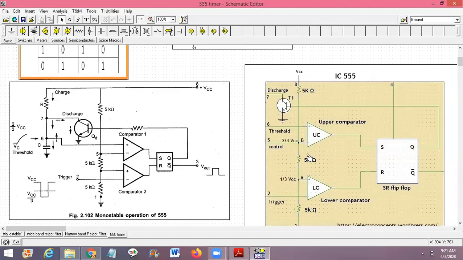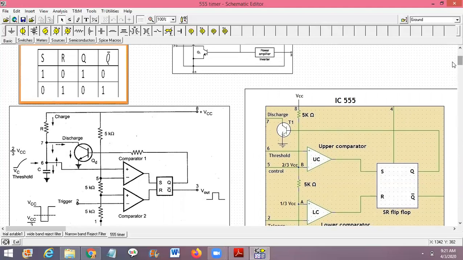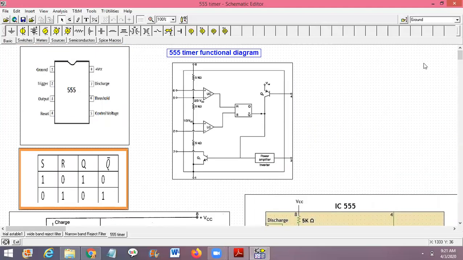Next, let me go back to this figure. So how exactly does it work? Here I told you at pin number 6, the applied voltage is compared with 2/3 VCC. If it is greater, the output is 1, which is applied to R. If it is less than 2/3 VCC, it is 0, and R will be equal to 0.